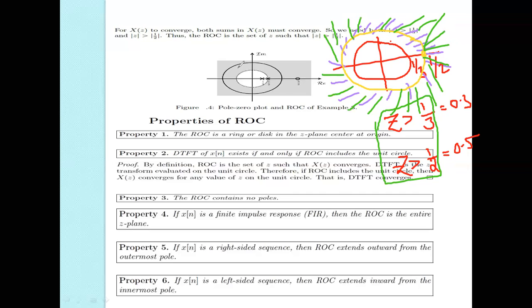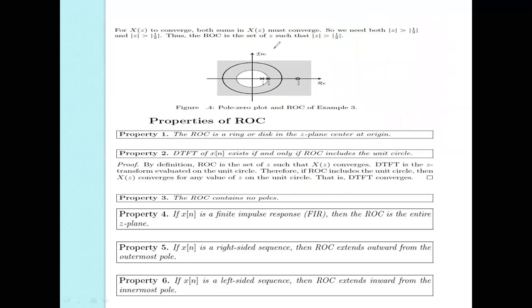Okay, so what is the ROC? Thus the ROC is the set of, see the shaded area here. But I am not taking the 1/3, so outside the 1/2 only. Thus the ROC is the set of z such that z is greater than 1/2, because there is an overlapping between z greater than 1/3 and z greater than 1/2.